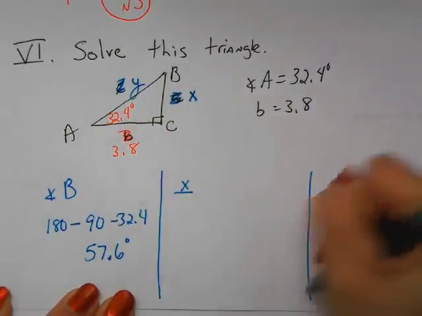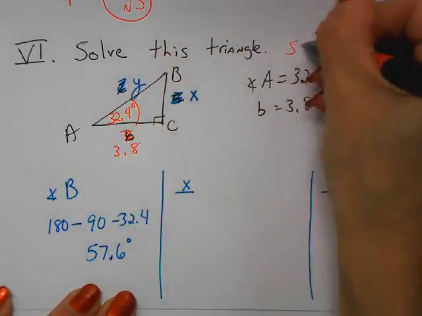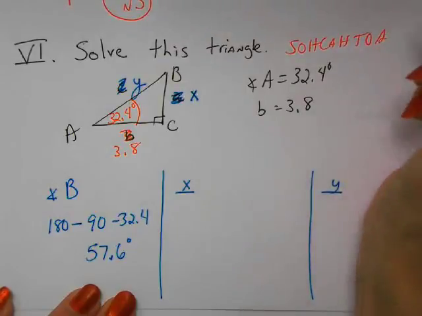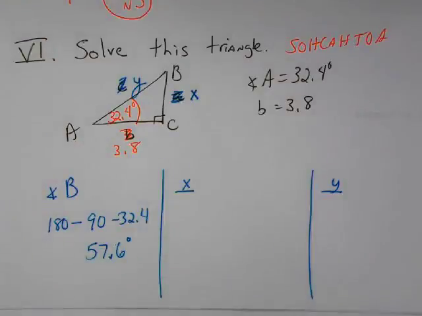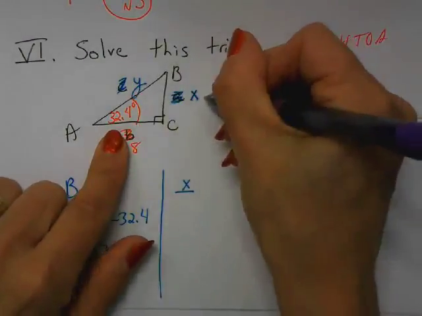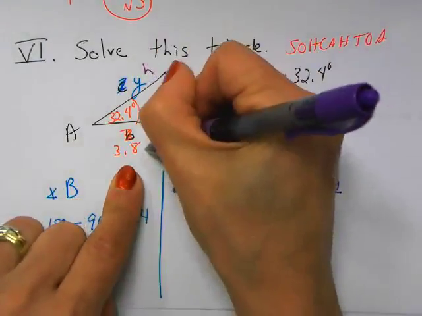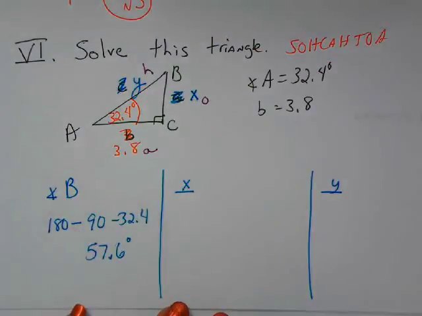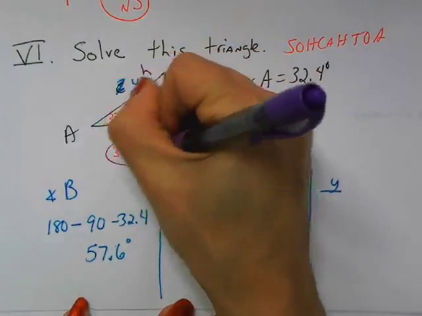Now, to find X, let's think back to SOHCAHTOA. So the first thing I need to do is label the O, the A, the H. So when I am standing at 32.4, do you agree that X is opposite me? Y is the hypotenuse, which means 3.8 is adjacent. So to find X, I have opposite and adjacent.